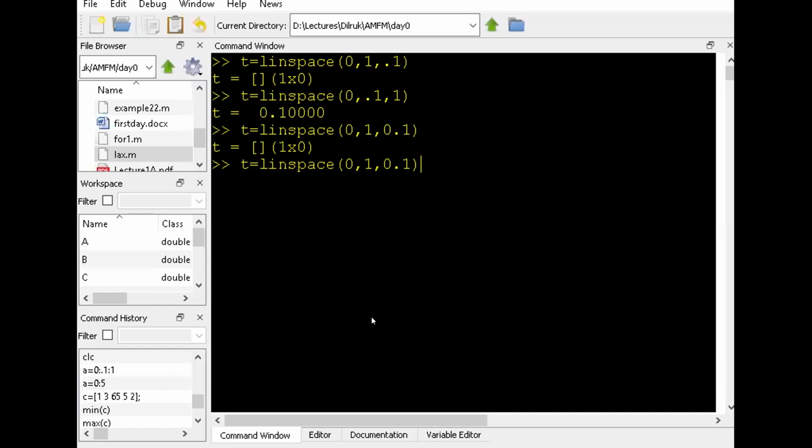Let's take a simple one, from 0 to 10, and the increment is by 2. So what's wrong with this?